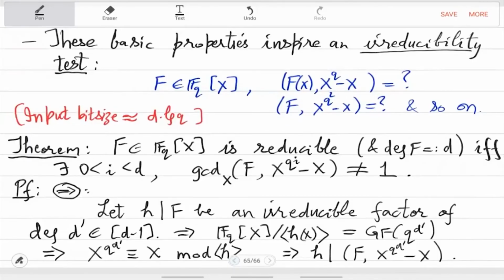So building on that, you can show that an input polynomial is reducible if and only if for some i, this GCD is not 1, or equivalently an input polynomial is irreducible if all these GCDs happen to be 1.